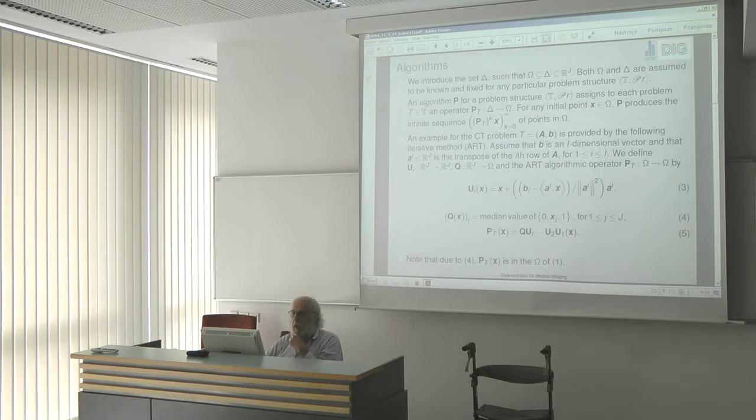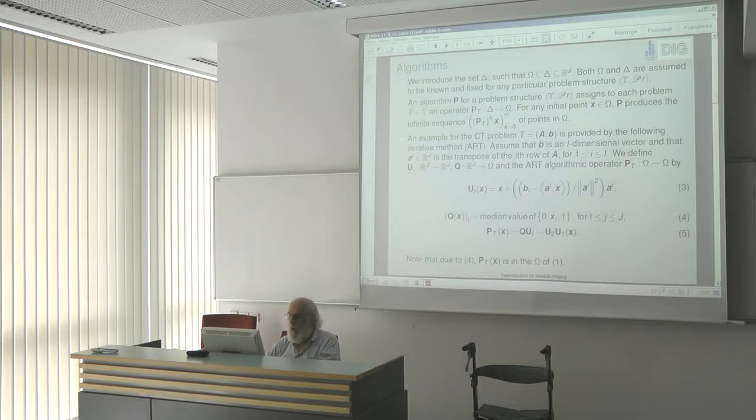Definition. Then we need the notion of an algorithm. In this context, the algorithm for a problem structure, which consists of a problem set and the proximity function on the problem set, is defined by an operator.